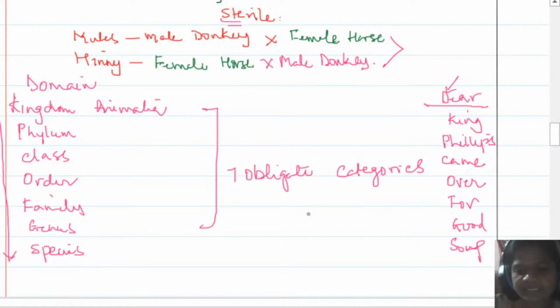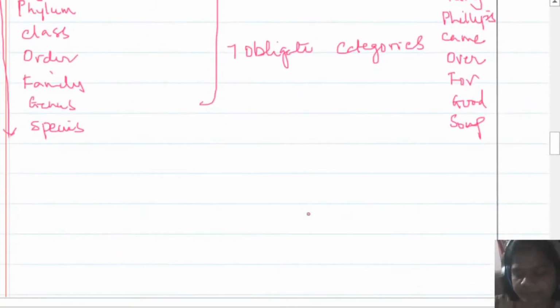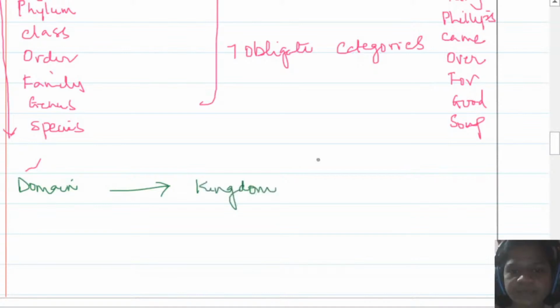Now, this is the classification that we have learned in our previous class, right? But from domain to kingdom, there are subcategories. Now, what are these categories?